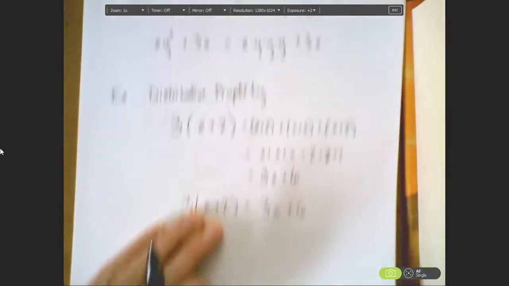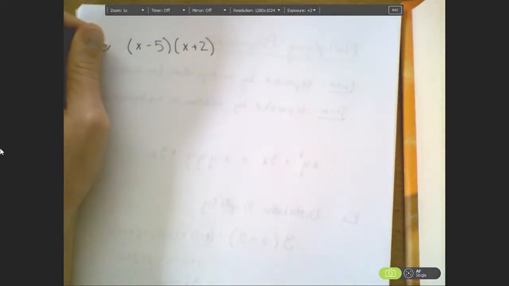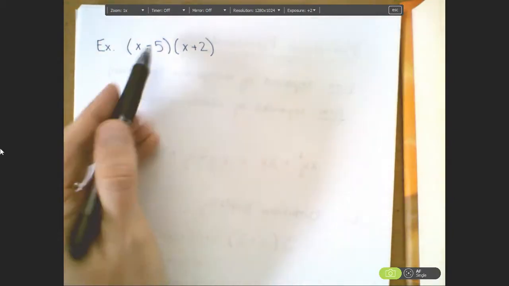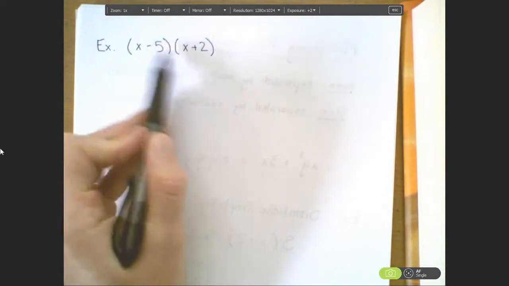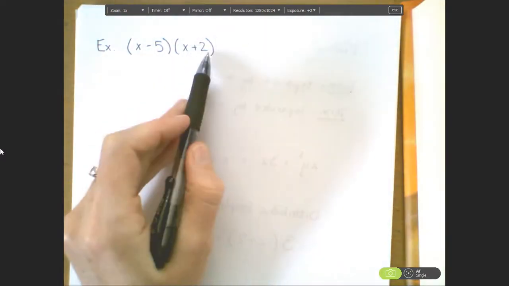What happens when we multiply other types of polynomials? For example, let's say that we're multiplying the polynomial x minus 5 times x plus 2. In this example, you could think of this as the distributive property another time. I can think of this initial factor as a single factor that's multiplying times the x, and it's also multiplying by the plus 2.